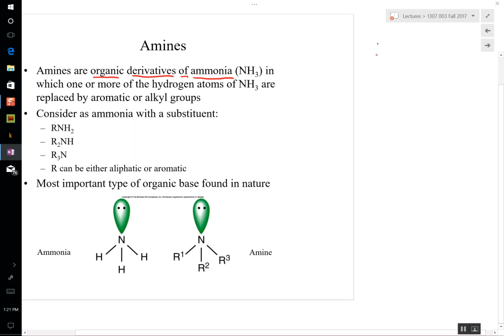Nitrogen is in group 5A on the periodic table, which means it has 5 valence electrons, which means it can bond, can share an electron with 3 other things, and it has an octet of electrons around it.